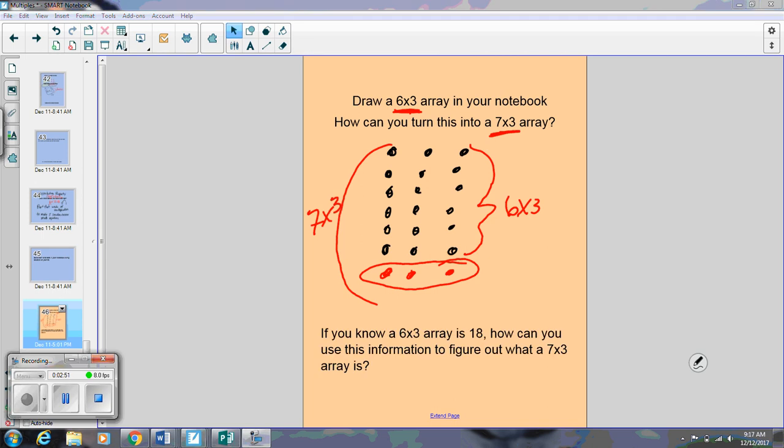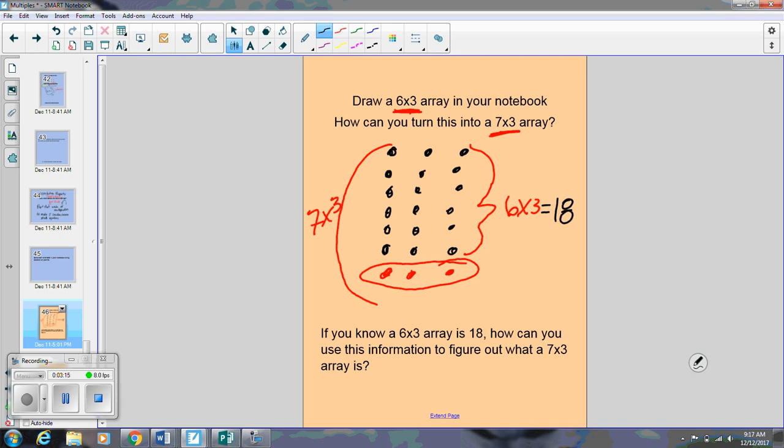If you know a 6x3 array is 18, how can you use that information to figure out a 7x3? 6x3 is 18. What is going to be the product for 7x3?